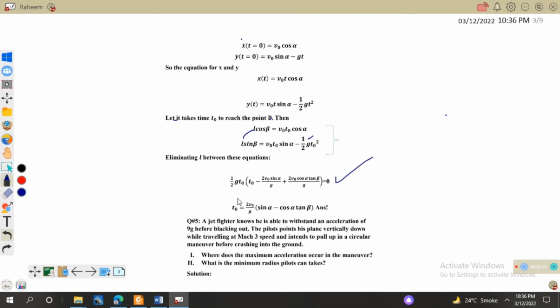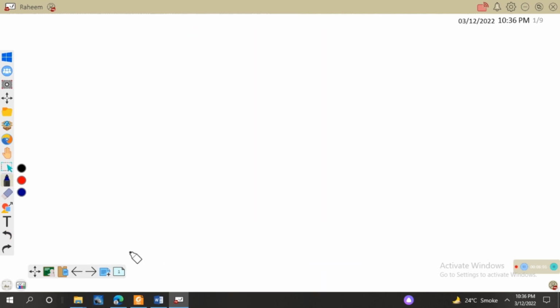This equation will hold if we equate these two quantities separately to 0. Either g t naught over 2 is equal to 0, or the bracket term is 0. If we put the bracket term equal to 0, this will give us t1 equal to v naught over g times sin alpha minus cos alpha tan beta, and the second time is t naught equal to 0. It means that our projectile cuts this inclination 2 times.